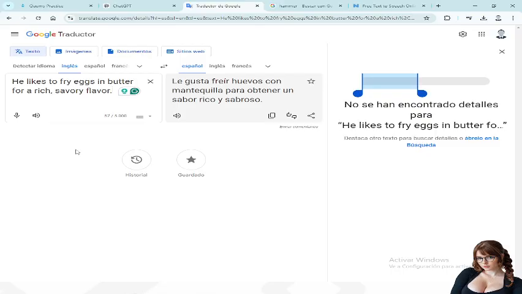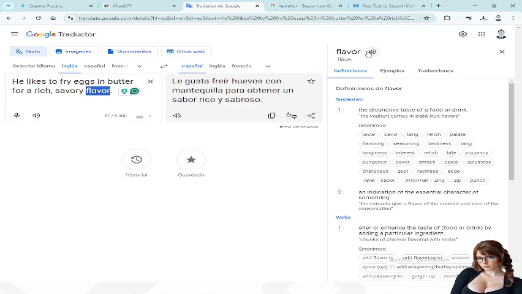You can use Google Translator to speak a particular word, like flavor.